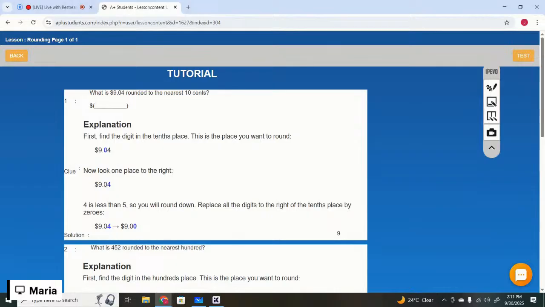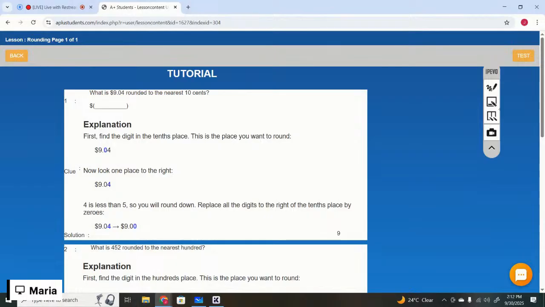What is 9.04 rounded to the nearest 10 cents? 9.04.